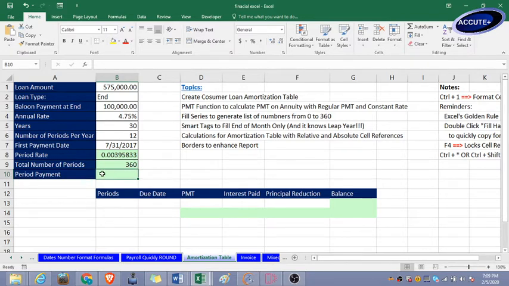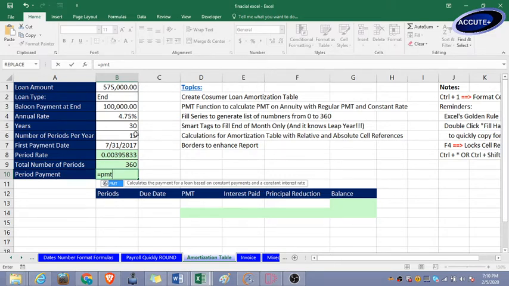Now to create the period payment, Excel is gracious enough to give us an easier way to calculate this, which is PMT. Immediately you write the PMT formula, it will tell you what it's calculating: the payment for a loan based on constant payments and a constant interest rate.